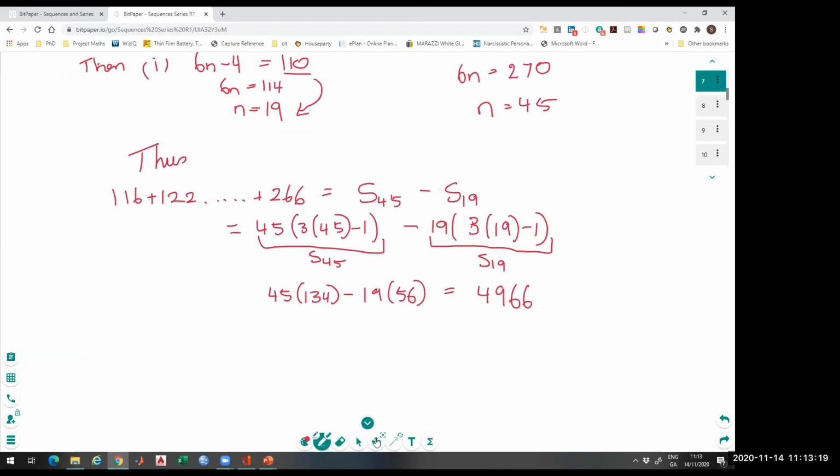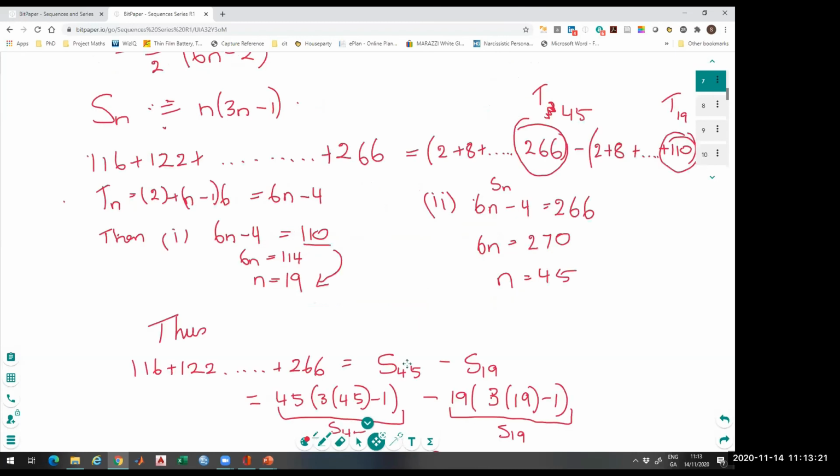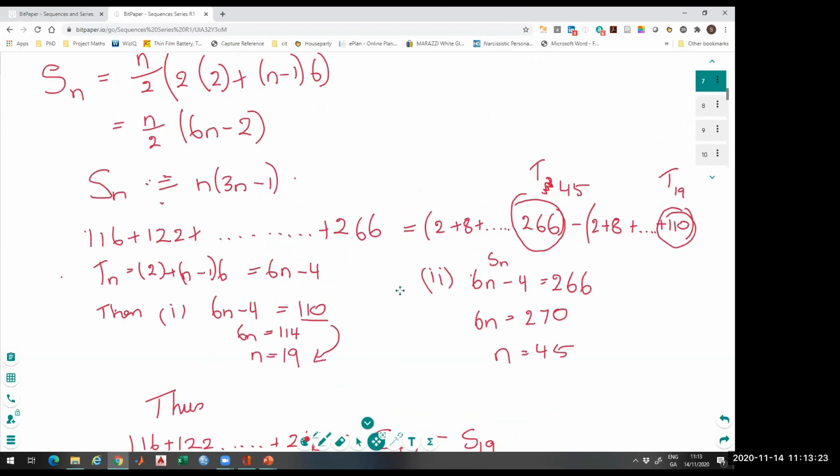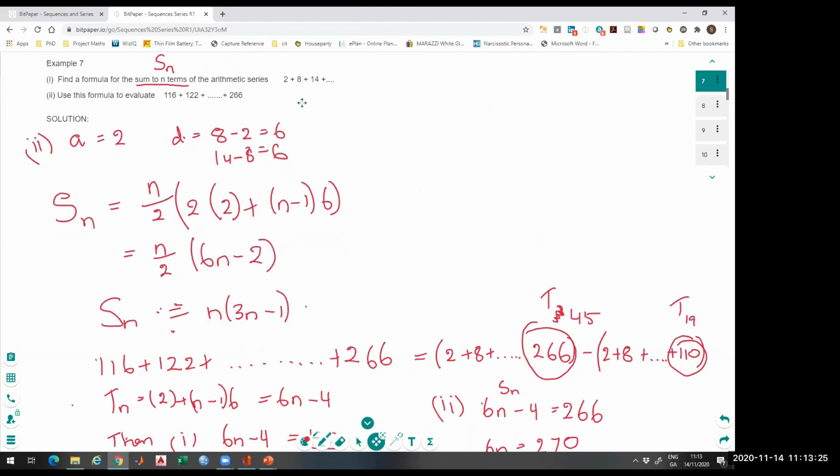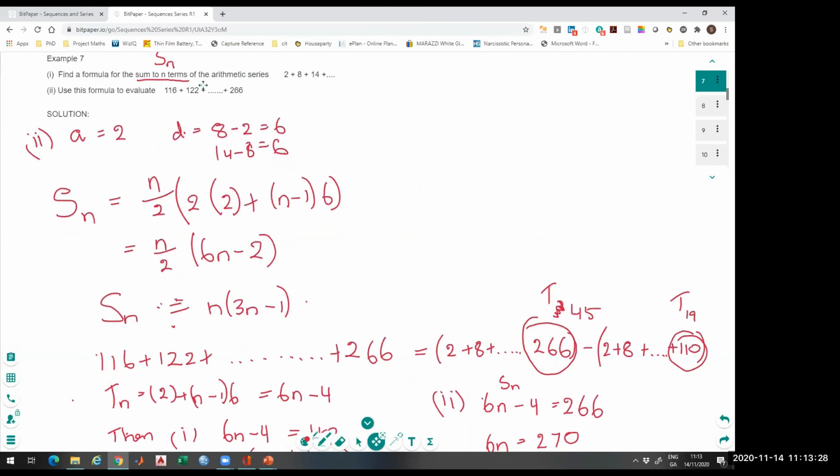So to recap, we're asked to use the formula that we found for the sum to n terms of the arithmetic series 2 plus 8 plus 14 to evaluate 116 plus 122 up to 266.